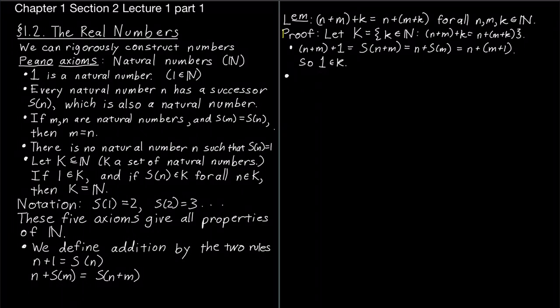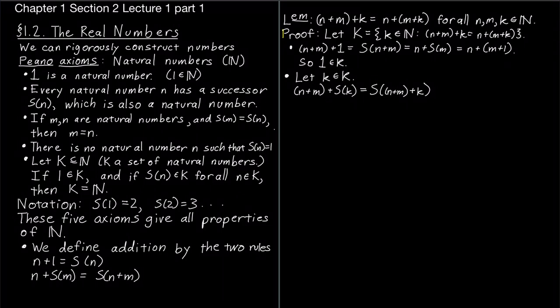And then let's let some little k be in our set K. Then n plus m plus the successor of k, by our second axiom defining addition, is the successor of n plus m plus k.